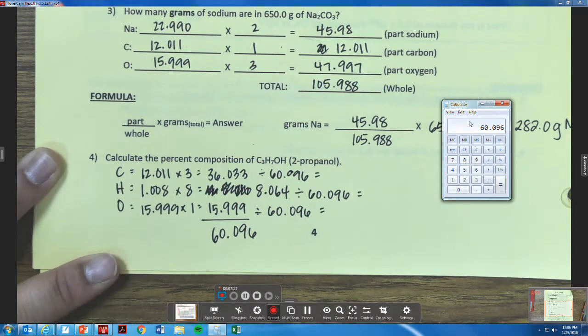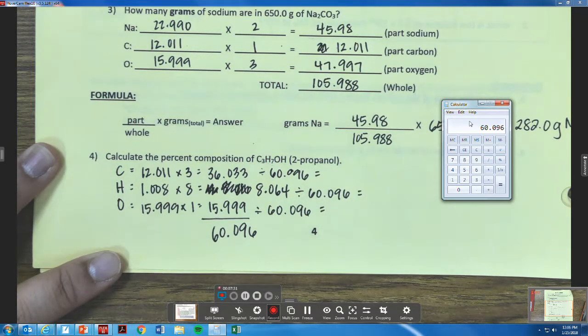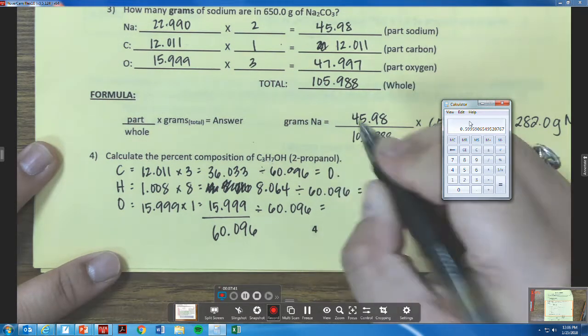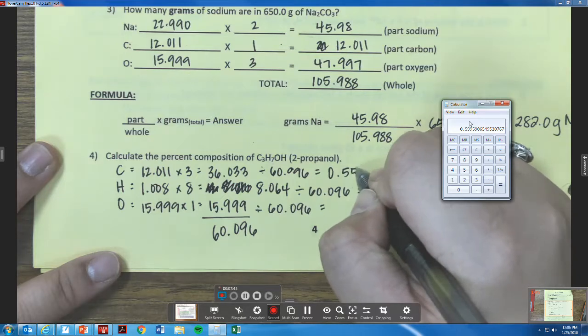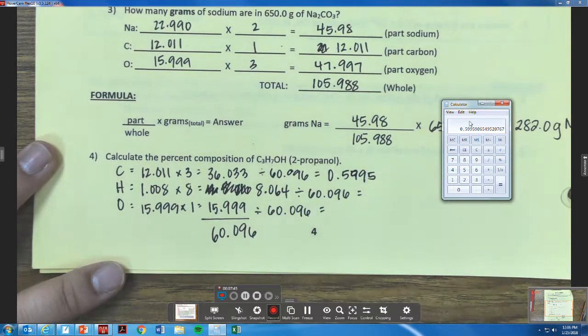I'm just going to do carbon, and I will let you figure out the rest. 36.033 divided by 60.096 is 0.5995.